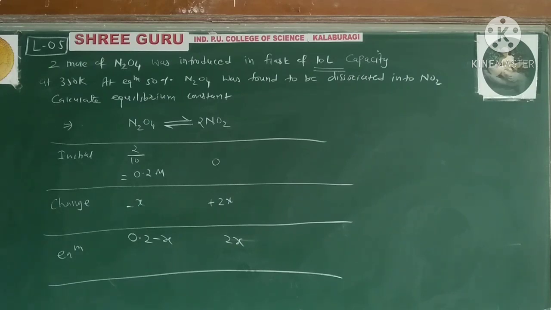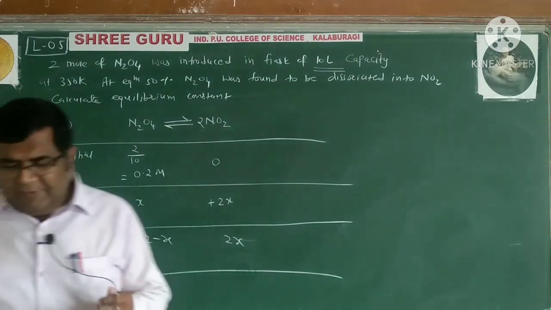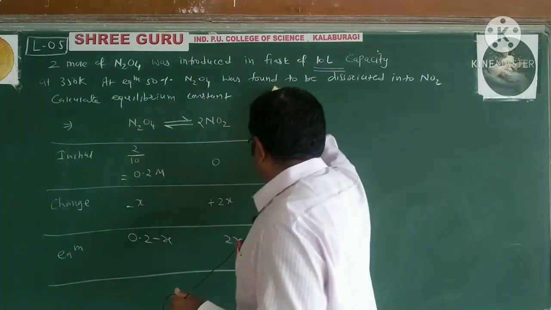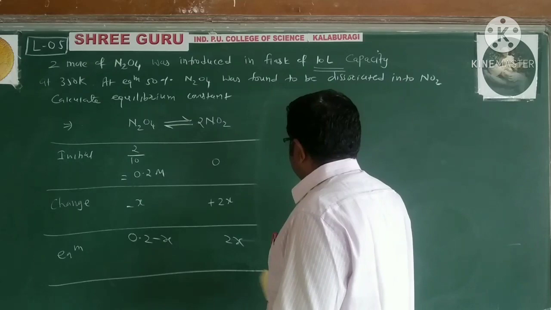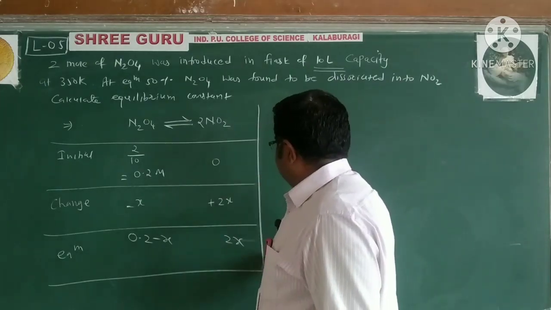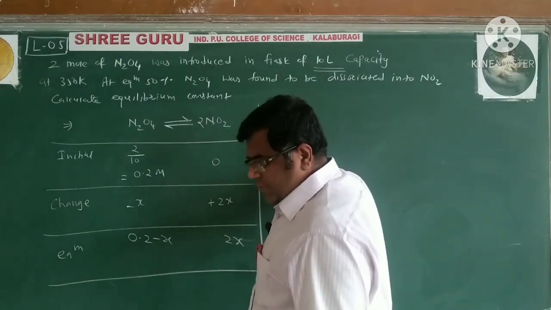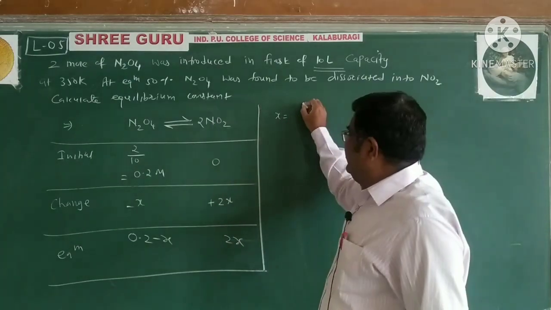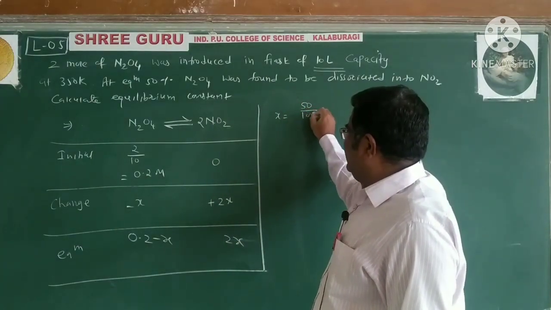So how much is x here? The x is given as 50%. 50% means 50 out of 100.